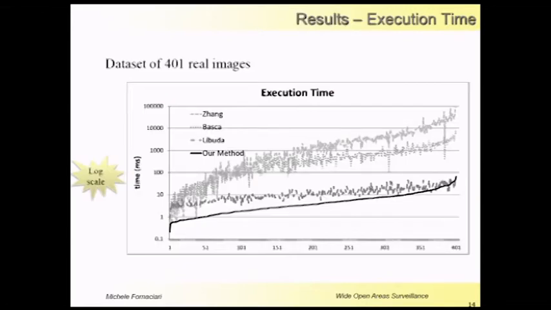You can see that our method, this one, is much faster than baseline methods. This is in logarithmic scale, so it's basically 1,000 times faster than the baseline. And it is faster than this approach, which is the fastest I found in the literature until last month.